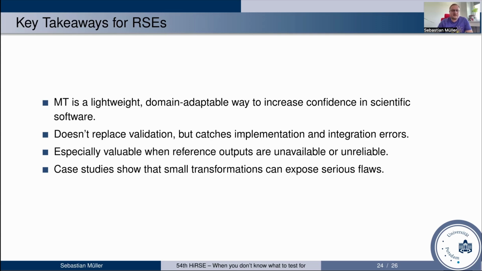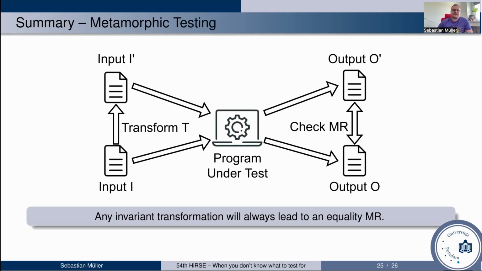And I have told you that when we apply these small transformations in our case studies in real-world scientific publications, we can indeed expose serious flaws or serious misunderstandings of what these software pieces are actually doing.